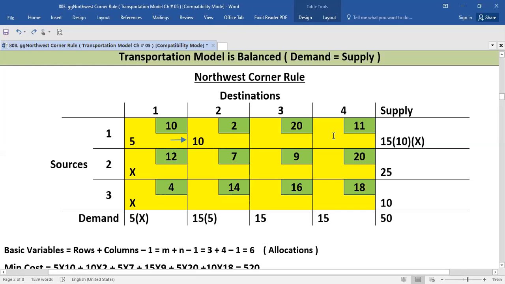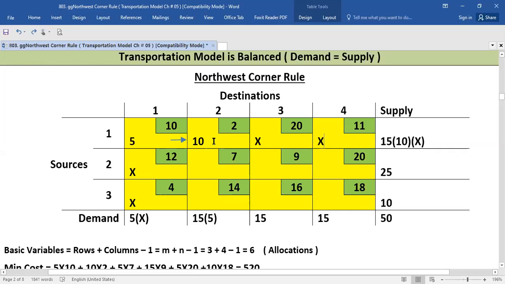It means that you will put 2 cross signs in the blank cells. Now your first source is completed. If you add these values 10 and 5, you will get 15. This is 15. It means your supply is complete now. Now you have made your two allocations in the first cell and in this next cell.